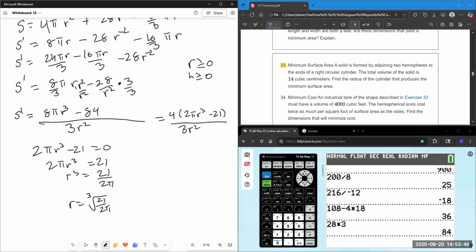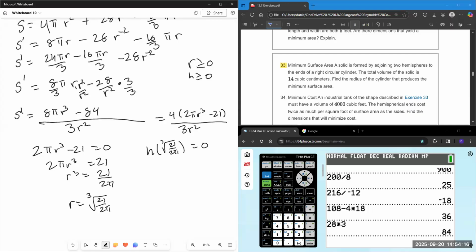Now, that's all that they asked for, was that value. I know that that's the right value. It didn't ask us anything about h. I'll tell you that if you go and do the work to solve for h, you'll find that h of r being cube root of 21 over 2 pi is 0, meaning that you just have a sphere, you don't have a capsule.